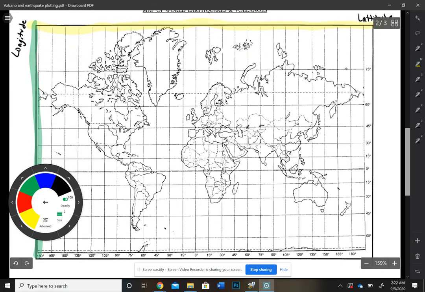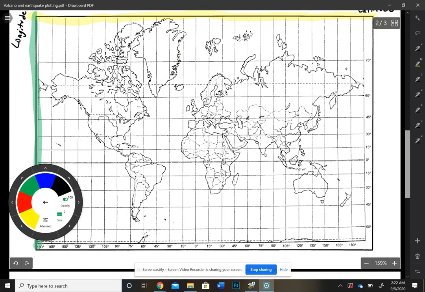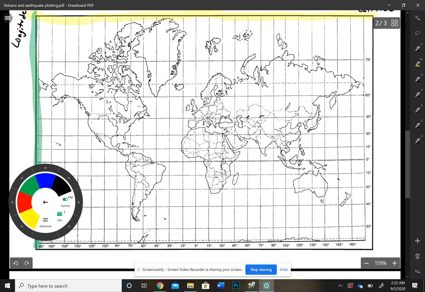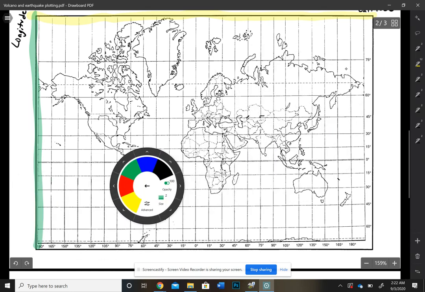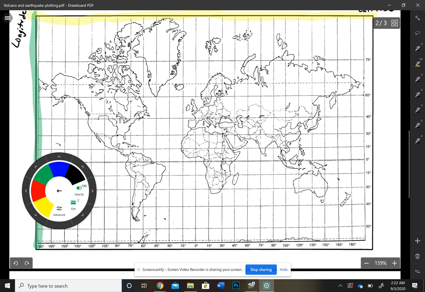Earthquakes. Okay, our first latitude for the first earthquake is 40 north and longitude of 120 west. So 40 north. I don't see that we have a direction on here.